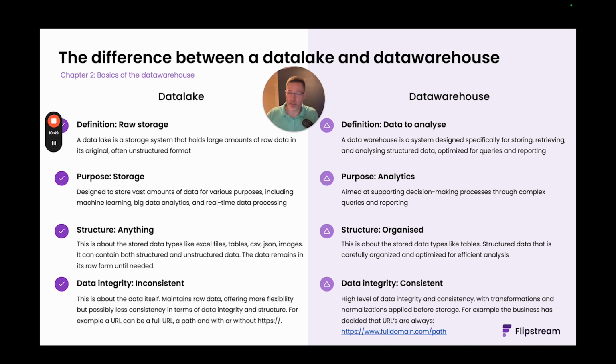And this URL can be, in another source, also a full URL, but then without the HTTPS, right? It only has www. You want to make sure that when it's in a data warehouse, when somebody looks at a URL, it's always the same. It's like a business choice that you make in the data team very often, or as the person responsible for managing or setting up the data warehouse.